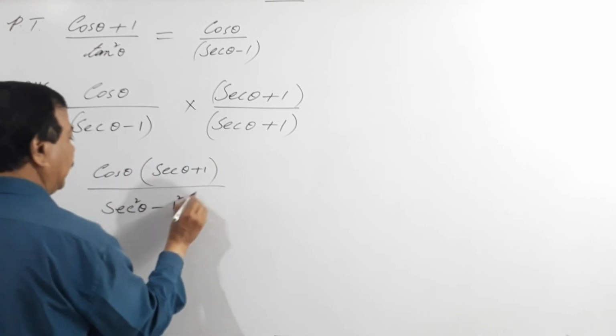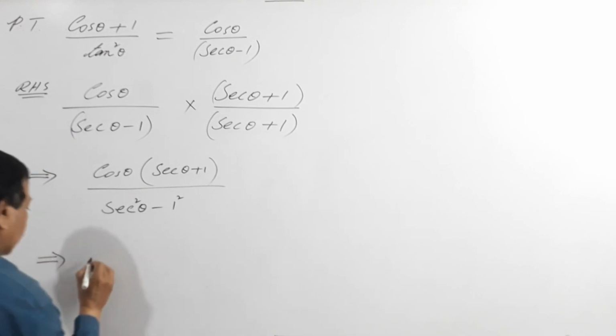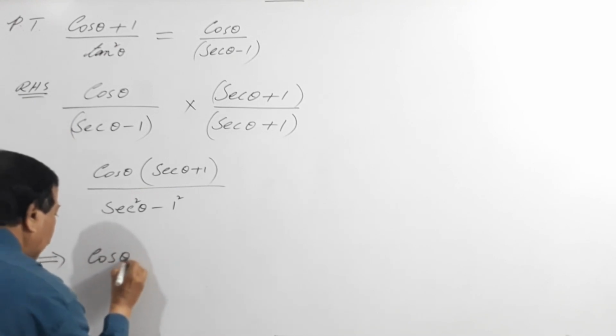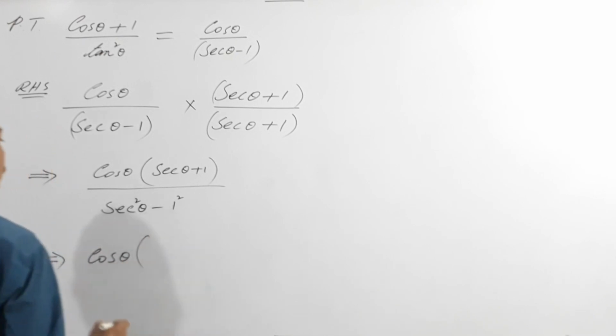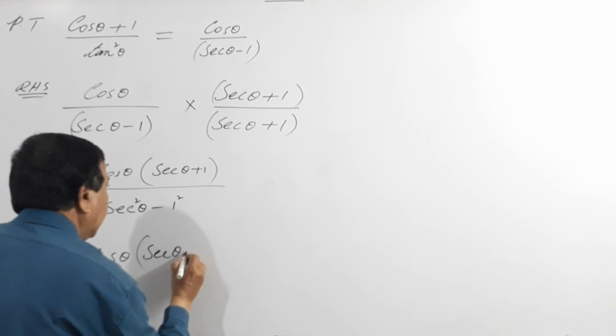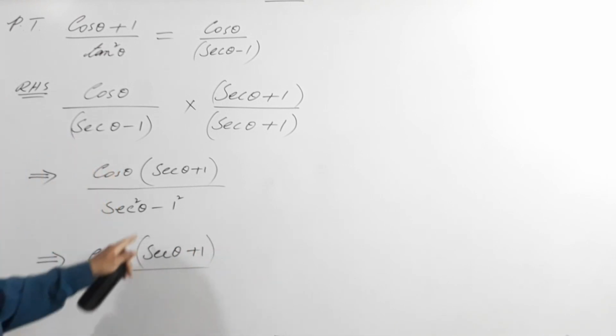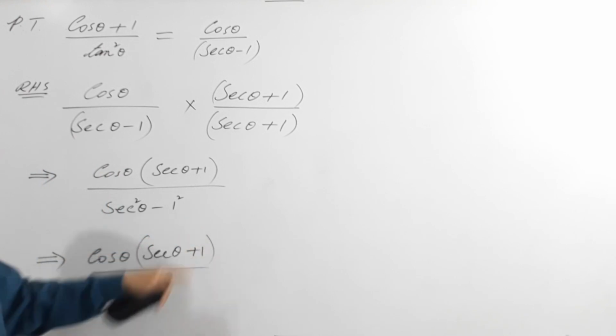So I'll write like this. It becomes cos theta into secant theta plus 1 divided by secant square theta minus 1, which is tan square theta.